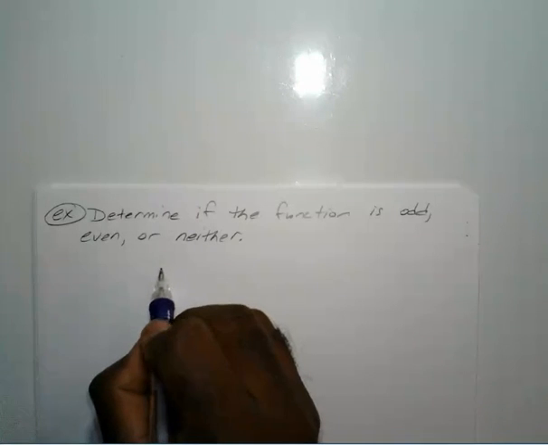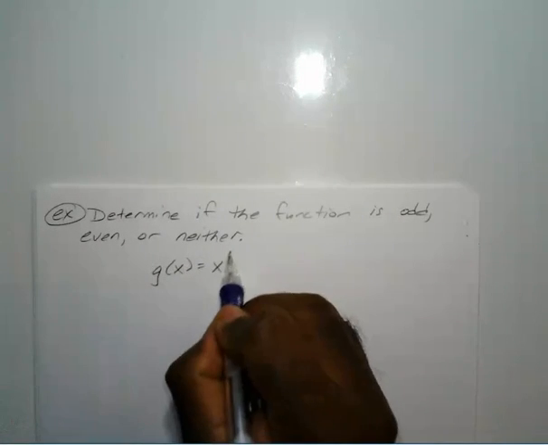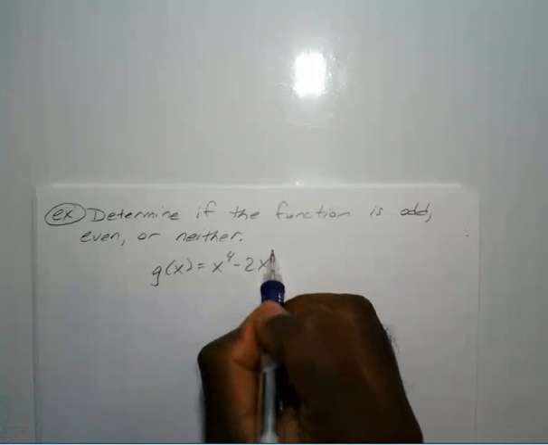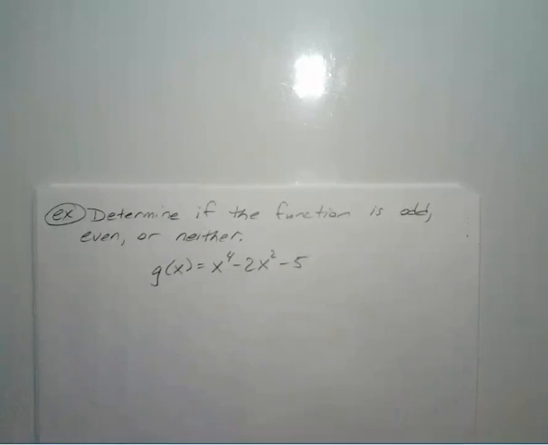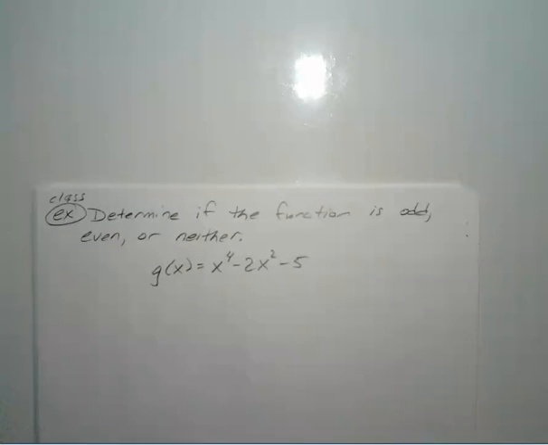And what if we have g of x equals x to the fourth minus 2x squared minus 5. Okay, so again, you can have g of x or f of x, doesn't mean anything either way. Either way, the tests are still the same. All right, so what I want you to do is I want you to press pause and try to do this one on your own.